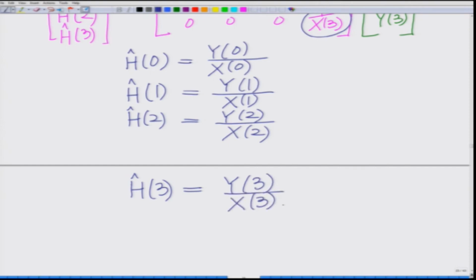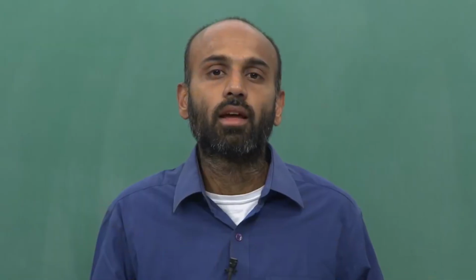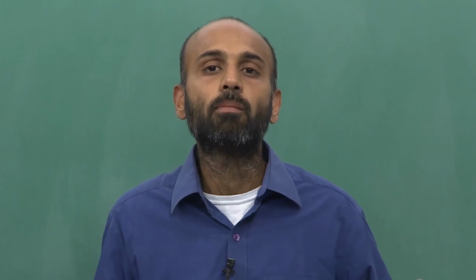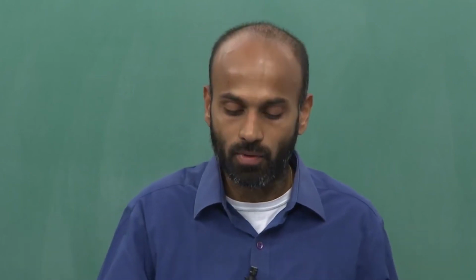That is basically the estimate of the channel coefficient across each subcarrier: simply the pilot output across the subcarrier divided by the pilot input across the subcarrier, and that is very simple to see.